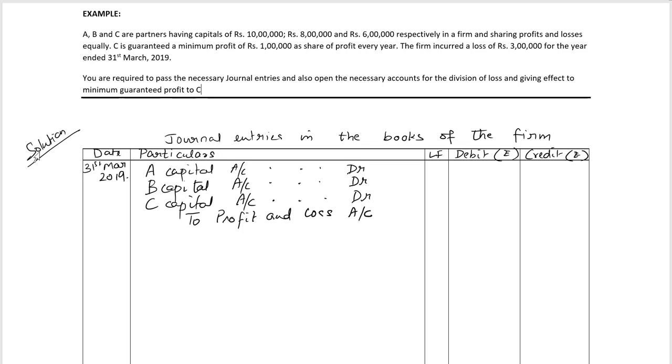The total loss of rupees 3 lakh on dividing by 1:1:1, each gets a share of loss of rupees 1 lakh.